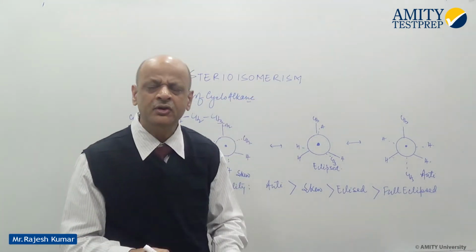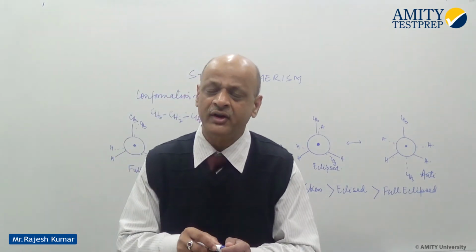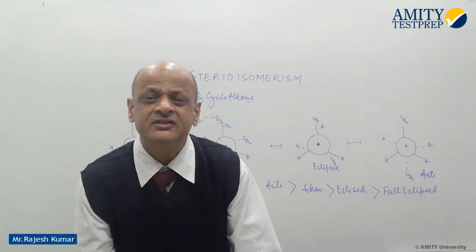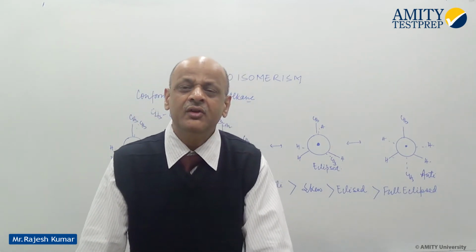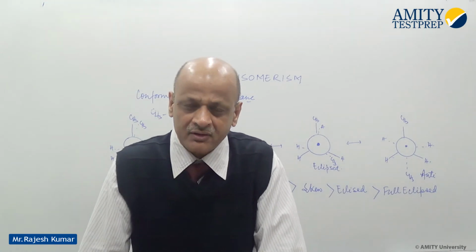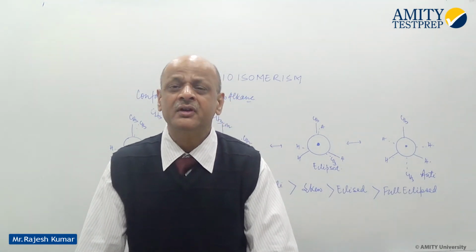Now it is very important to discuss the stability of cycloalkane compounds. The cycloalkane compounds are considered least stable, especially in the case of 3 and 4 member rings, rather than 5 and 6 member rings. There is a concept named Baeyer strain theory.